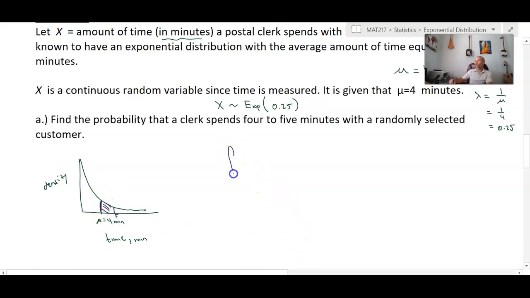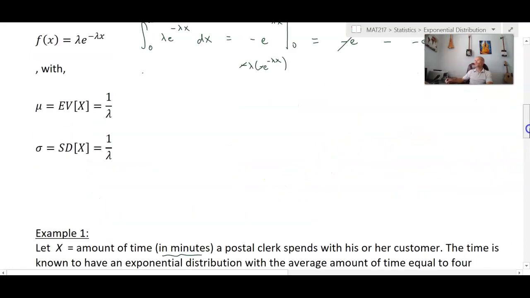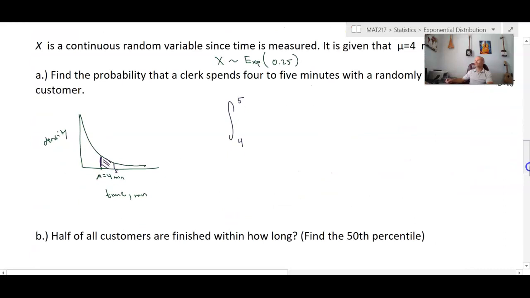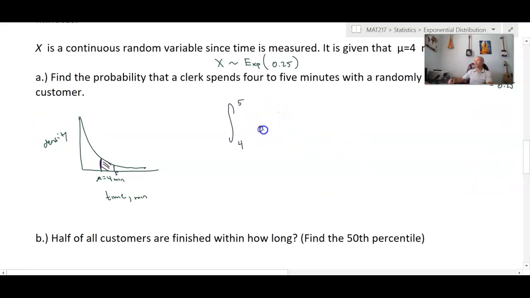So we want to find the area from time 4 to time 5, x equals 4 to x equals 5, of our density function, and we know that this is going to be lambda e to the negative lambda x, so the integral of 0.25 e to the negative 0.25 x dx.